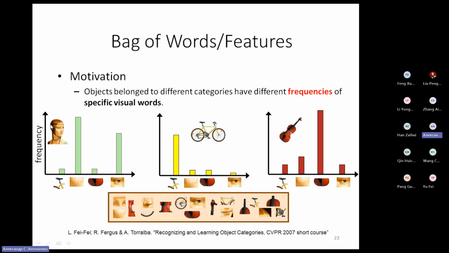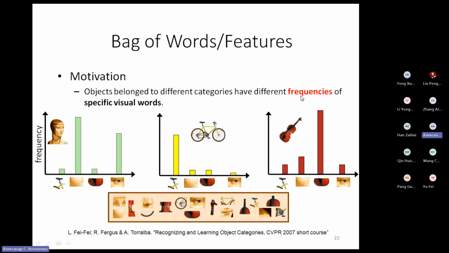If we take this picture, of course it has eyes and that kind of features, but it doesn't have this and this. If we take this picture, then it has this visual word. In another picture, maybe the frequency of these features will be higher. So objects belonging to different categories have different frequencies of specific visual words.